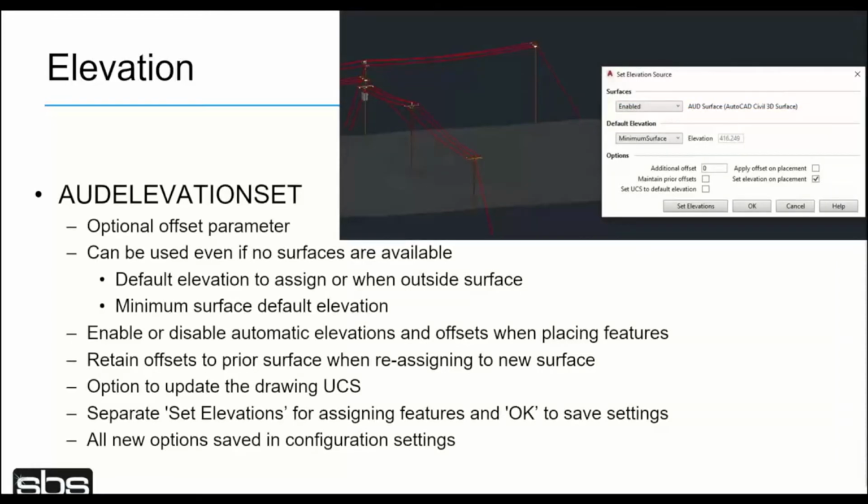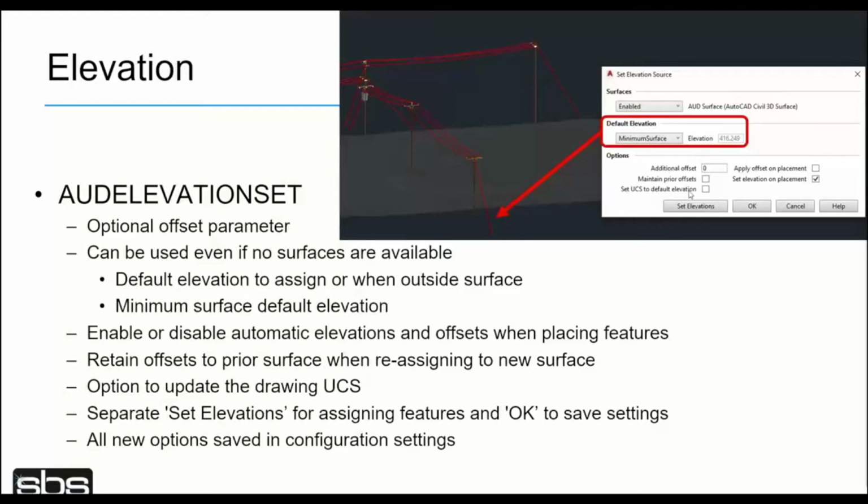So the changes to this elevation tool are that it now provides several new options for providing additional offsets, providing a minimum elevation, or even if you don't have a surface available, you can set an elevation perhaps in the expectation that you're going to later get a civil surface provided, and you can go ahead and set up your design to lay everything out at a certain elevation.